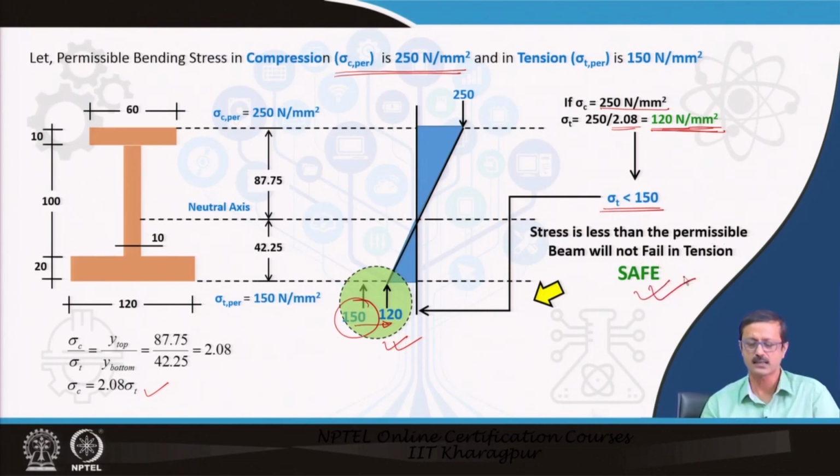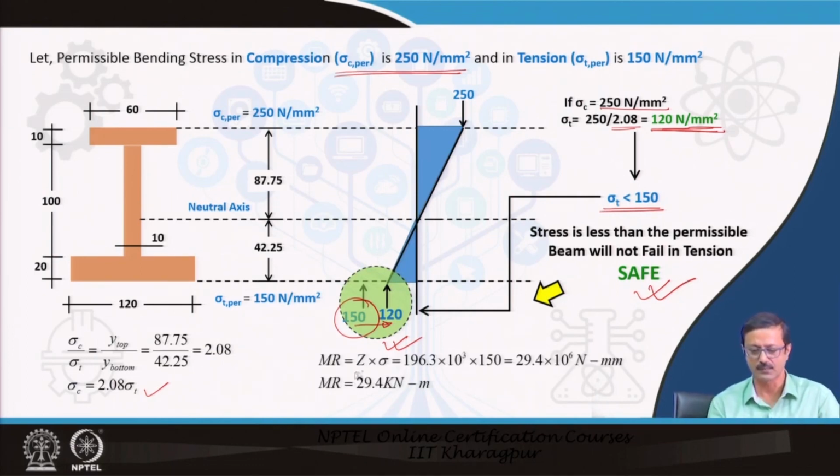So, the earlier case was not safe. In the safe case, the topmost portion should take the highest permissible compression, that is 250 Newton per mm square, and correspondingly the bottommost part will have 120, and that is safe.